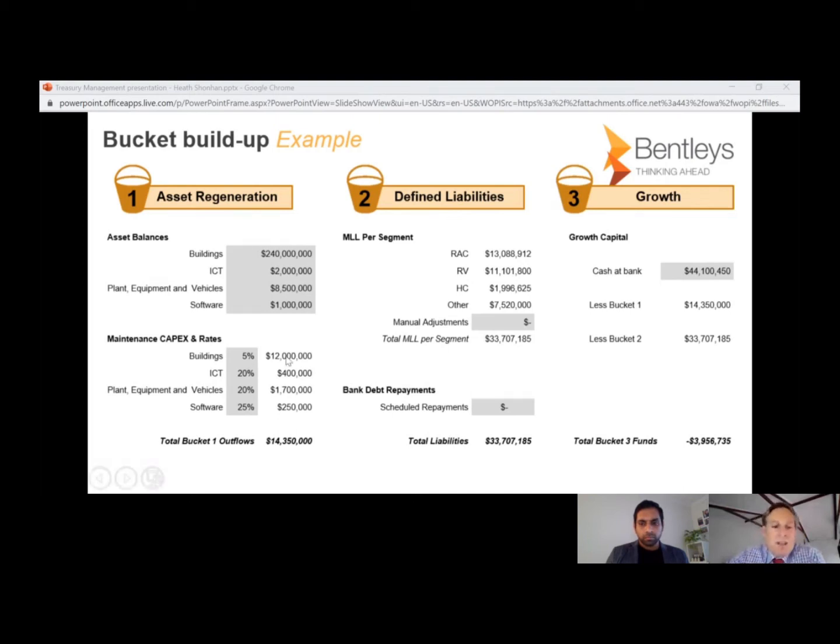The discussion comes in here around 5% depreciation for buildings. You're saying then that they're only going to last for 20 years. You'd like to think that your buildings last for longer than 20 years.